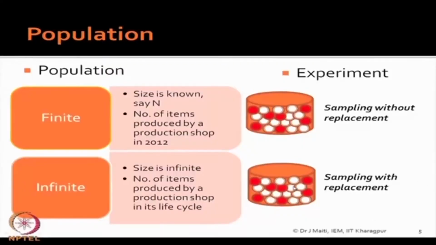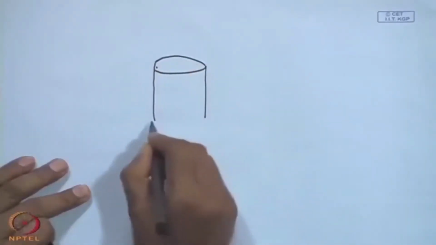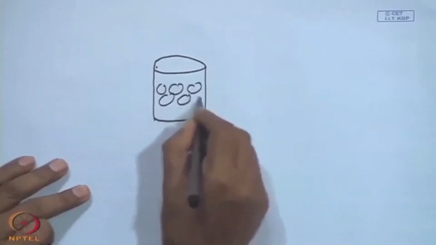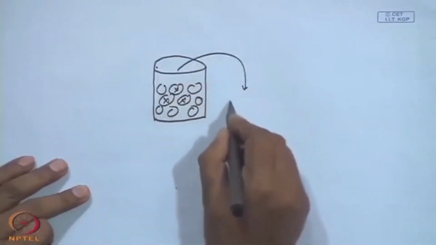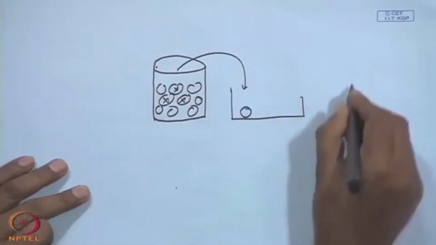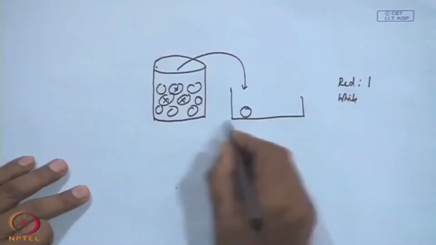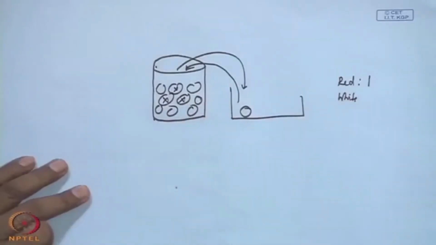Now, in the second experiment, you pick up a ball and replace it. What will happen in that case? The number of balls will never be exhausted. There are so many balls, red and white, and you are picking one up and finding out whether it is red or white. So, it is either red or white, and you are counting the red. Then again you replace it, and in a similar manner you continue the experiment.